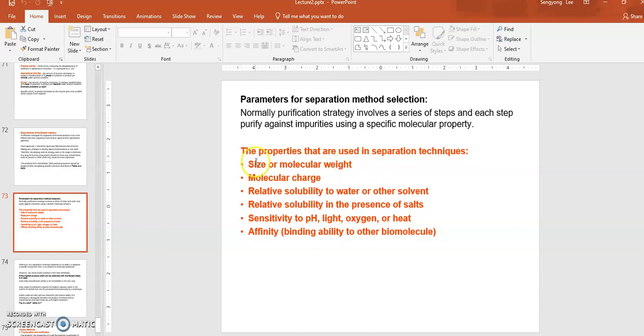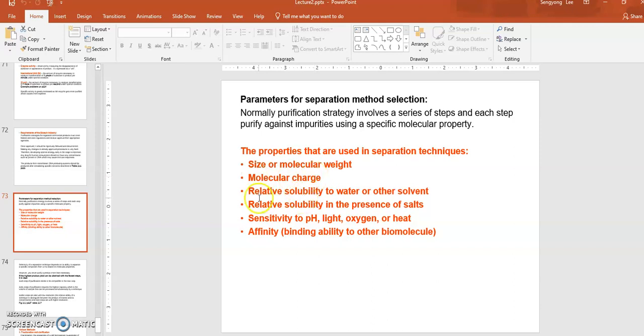If your target molecule has a certain size, anything smaller or larger can be removed using filtration, right? And molecular charge may be a factor you can consider. Let's say your protein is positively charged, then it may be captured by the negatively charged column resin. The negatively charged molecules will not be captured. So you can use that strategy.